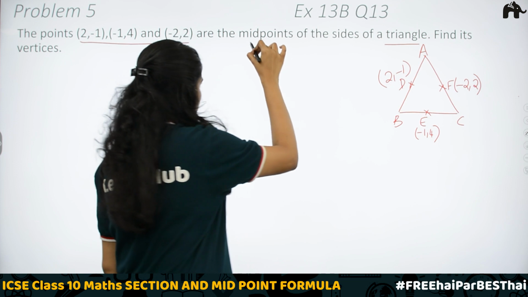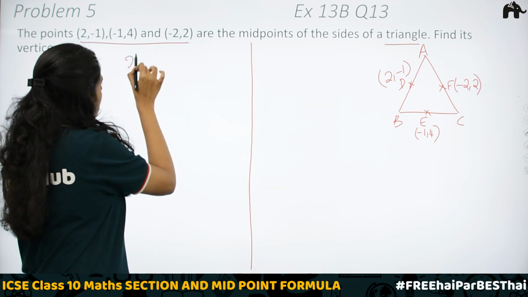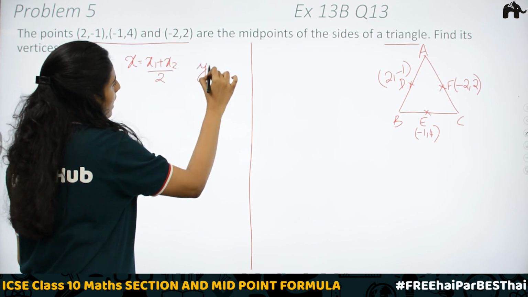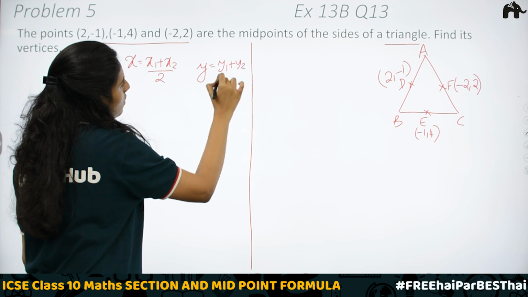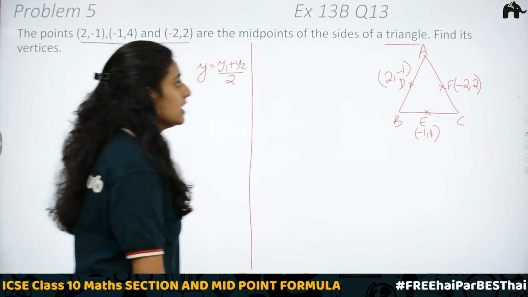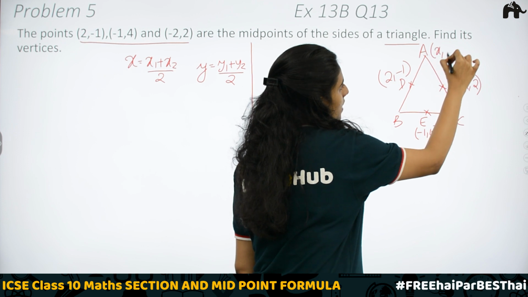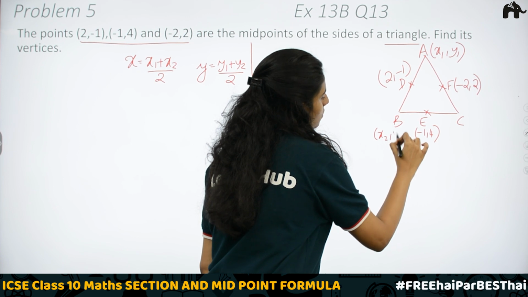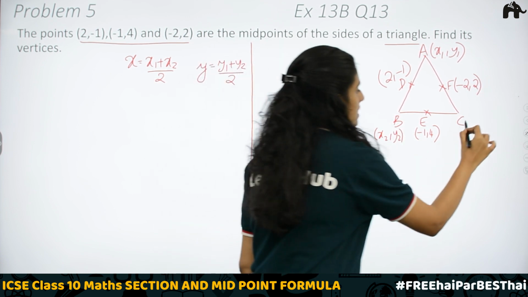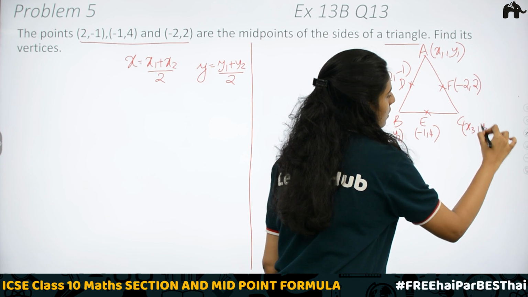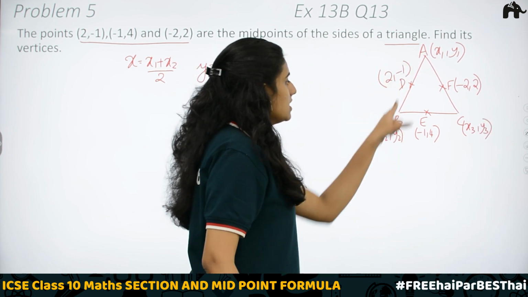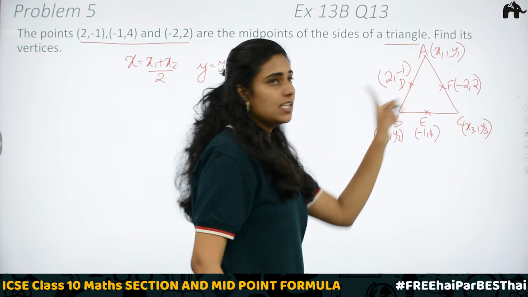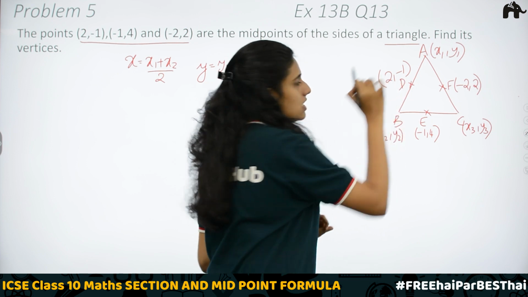We have the midpoint formula, which is x equal to (x1 plus x2) divided by 2 and y equal to (y1 plus y2) divided by 2. Let us take the coordinates as x1, y1 for point A, x2, y2 for point B and x3, y3 for point C. When you consider this line AB joining points A and B, D is the midpoint and the x coordinate of D is 2.